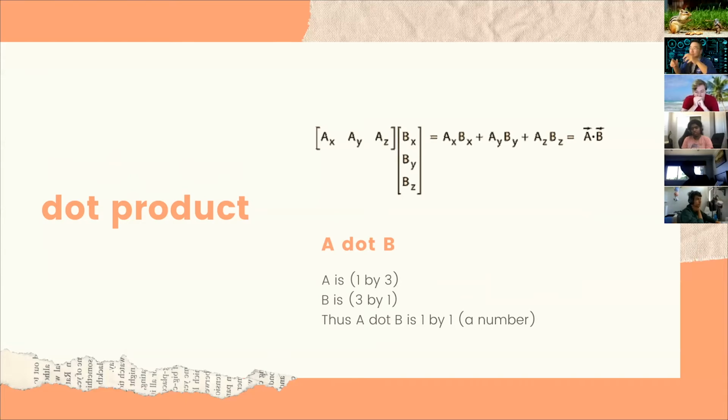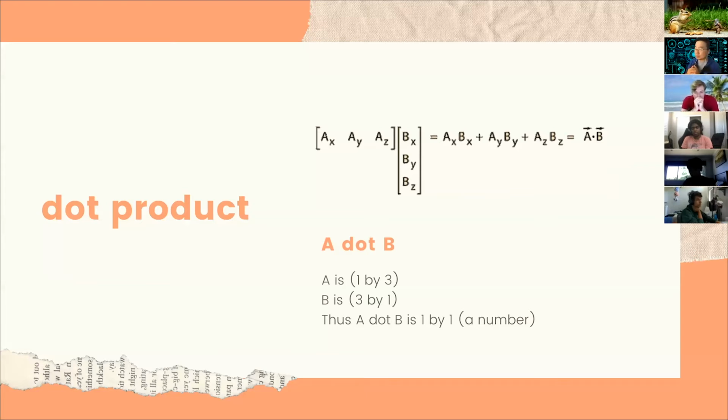One more time: you take A, rotate it, match it with B, and then multiply and add together. So that's why you have AX times BX plus AY times BY plus AZ times BZ. You got that? That's pretty simple, right? For the 1 by 3 times 3 by 1.